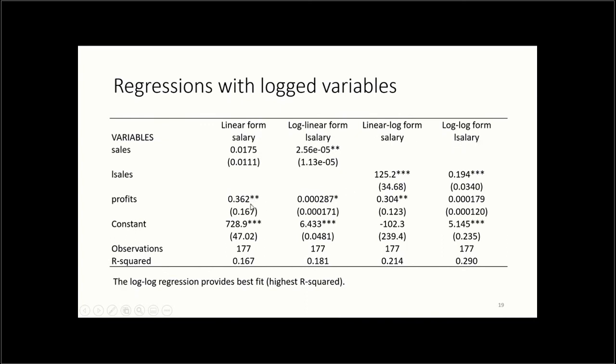As we interpret the coefficients and the results from this model, one thing to notice is that the R squared is the highest for the log log form. So based on this criterion, we should be using the log log regression.